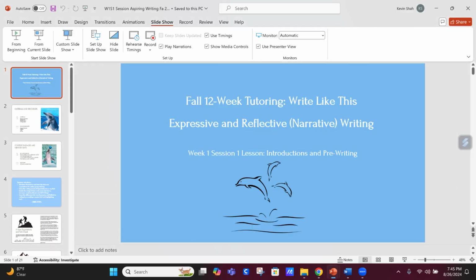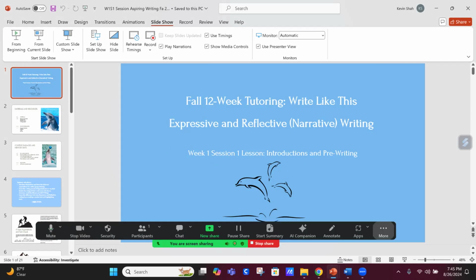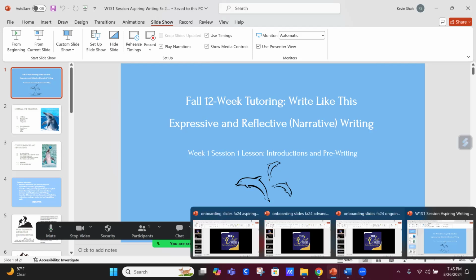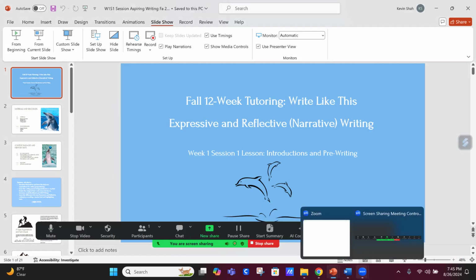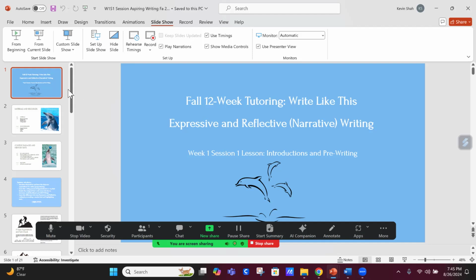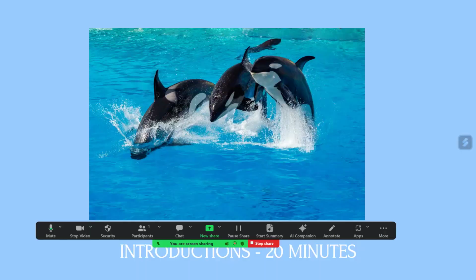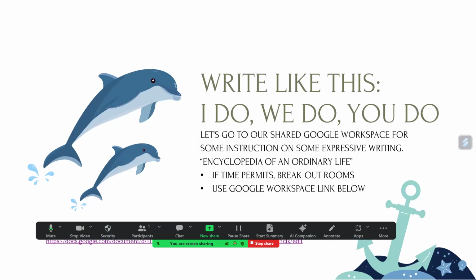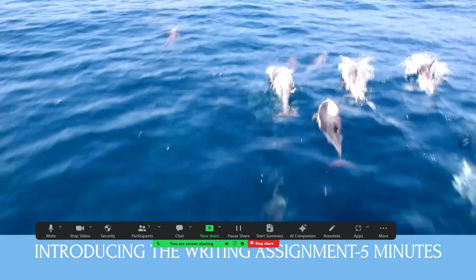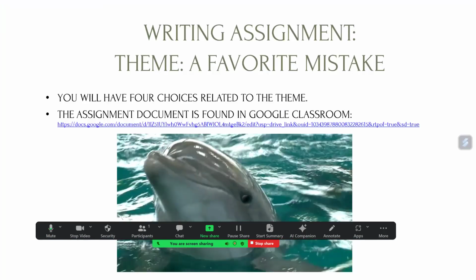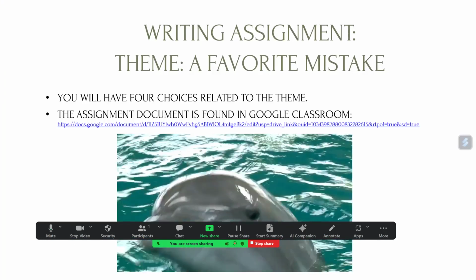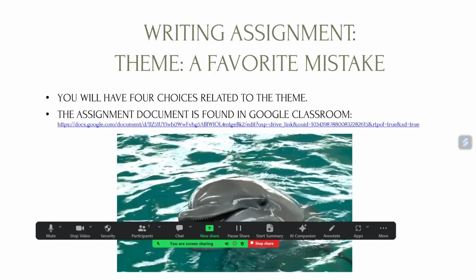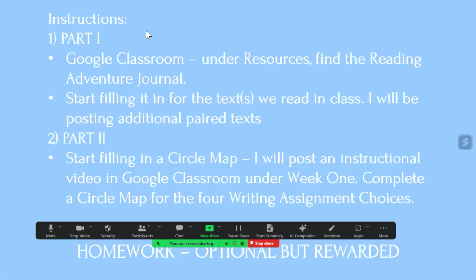So coming back to our onboarding of this lesson here, we find that we have been through the entire lesson sequence, and the optional homework is as follows.